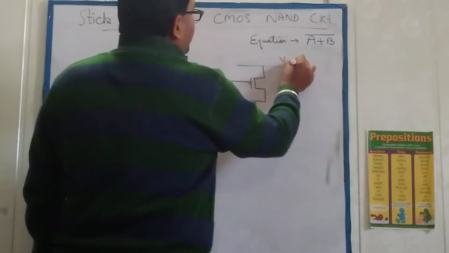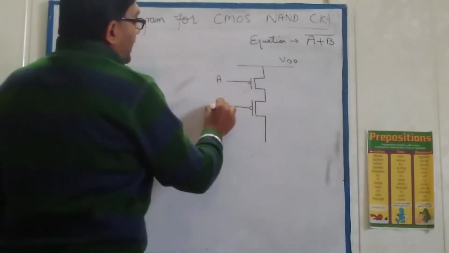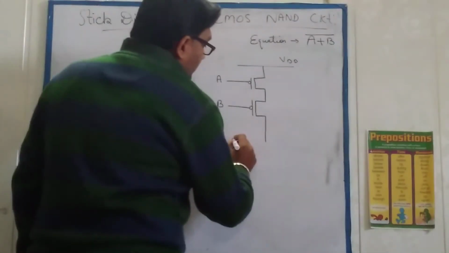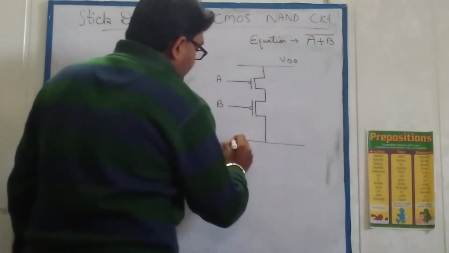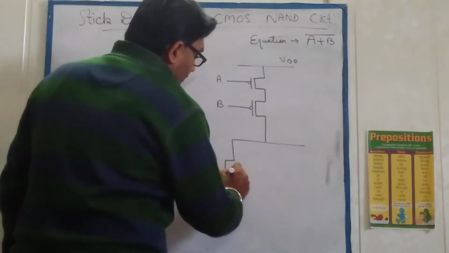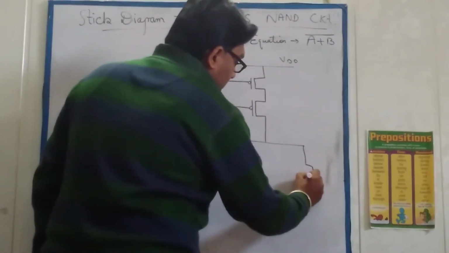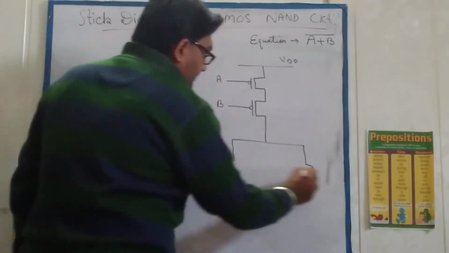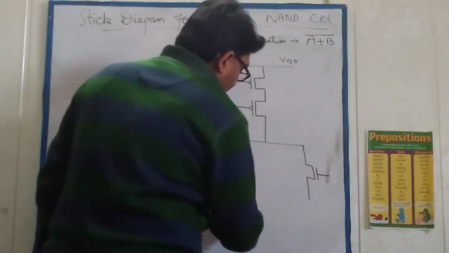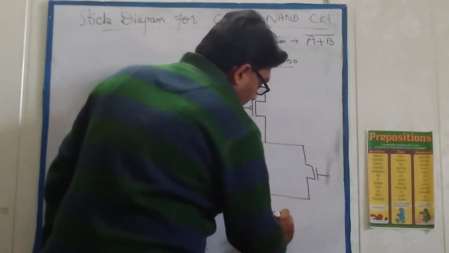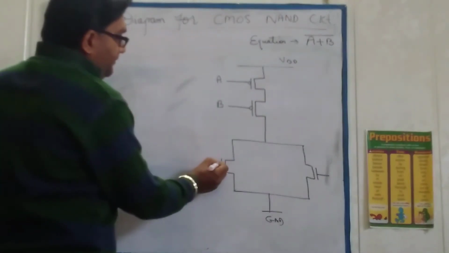This is VDD, this is input A, and this is input B. On the lower side, we take the NMOS transistors, connected in series to ground.